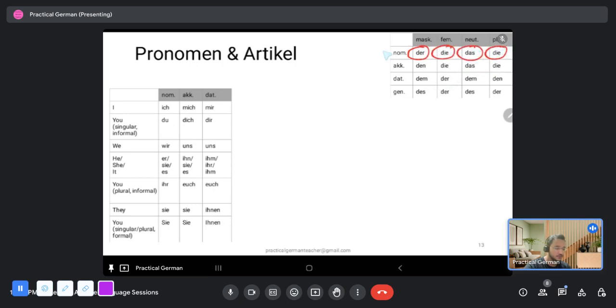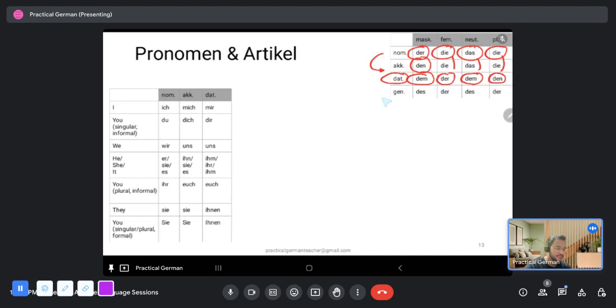Now, when you go from nominative to accusative case, only masculine changes. This one remains the same, this one remains the same, this one remains the same. So if you know the nominative articles, only this one will become den, others remain the same. When you go to dative, masculine and neutrum will be the same, dem, feminine will become der, plural will become den.